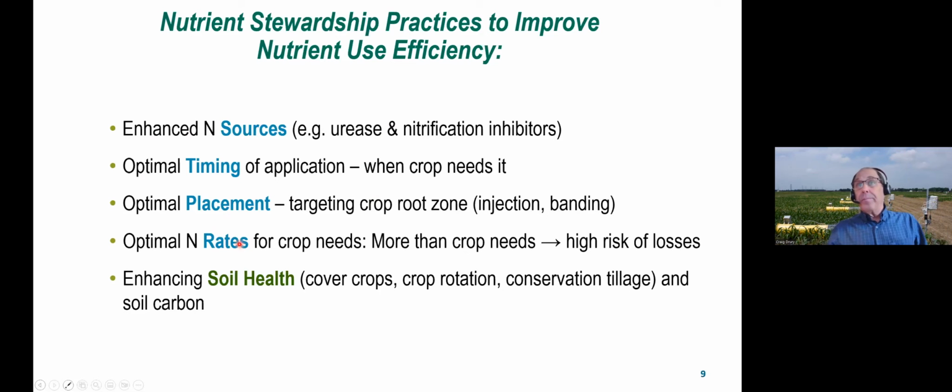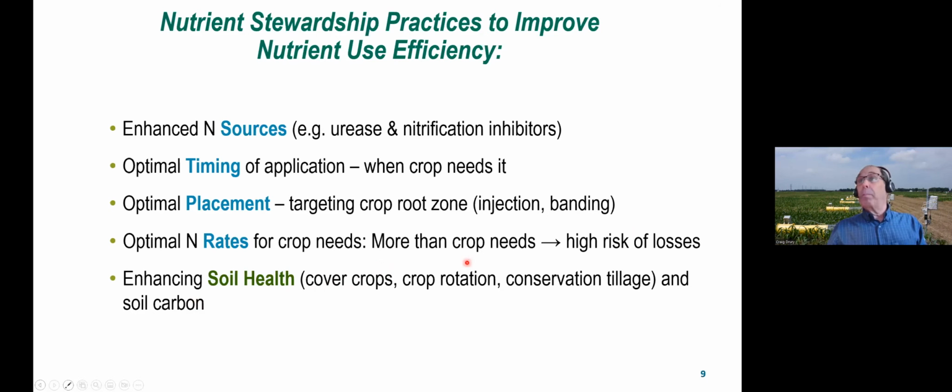Because if we've reduced losses and we haven't adjusted the rate, then the crop has more nitrogen than it needs, and that's when the high risk of losses is very problematic. And lastly, we can't forget this whole conservation piece as well. How do we enhance soil health and soil carbon?